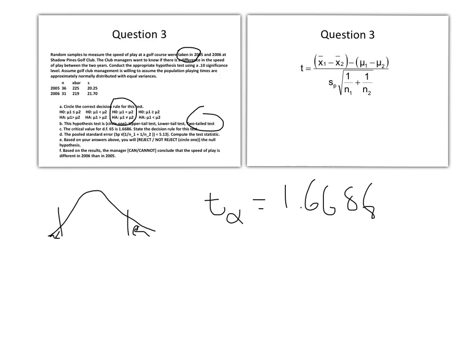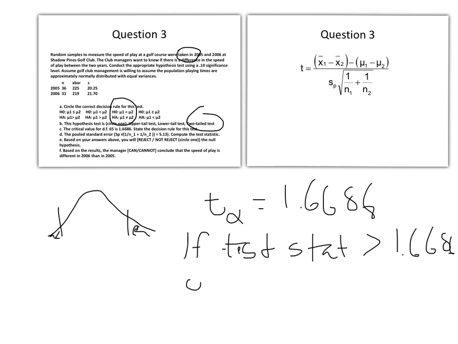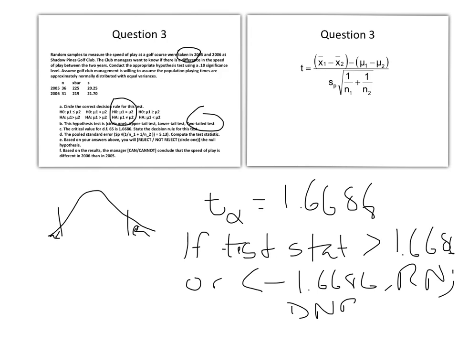And the decision rule then in a two-tail test would be: if the test stat is greater than 1.6686 or less than negative 1.6686, reject the null, otherwise do not reject. Okay, so again, this would be negative 1.6686 here, and over here would be 1.6686 if you're looking at it on this. So anything above that or anything below that, we will reject the null.